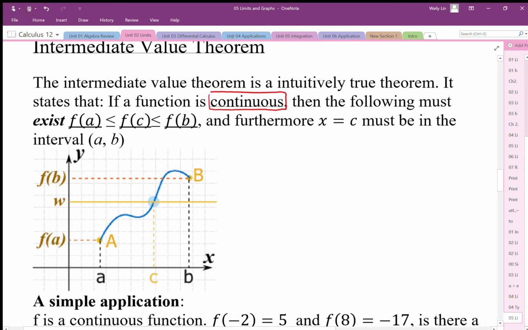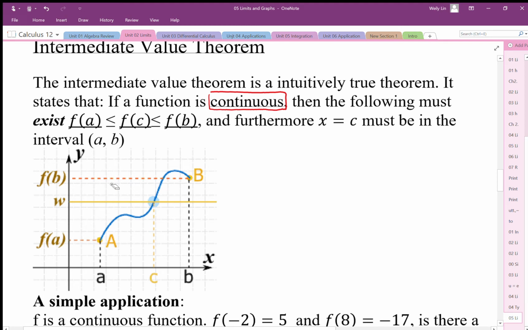If it is continuous, then we know that if we have a point here at A and f of A, and a point here at B, f of B, we know that some point exists at W that is somewhere in between f of B and f of A. So it's got to be somewhere between the high point of this interval and the low point of the interval.